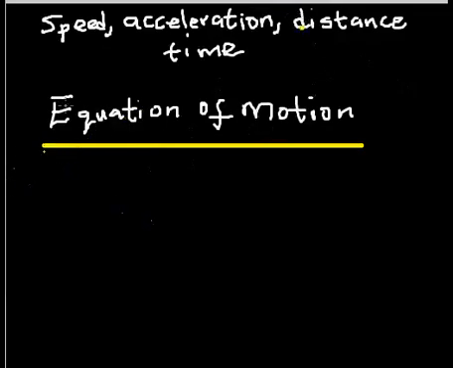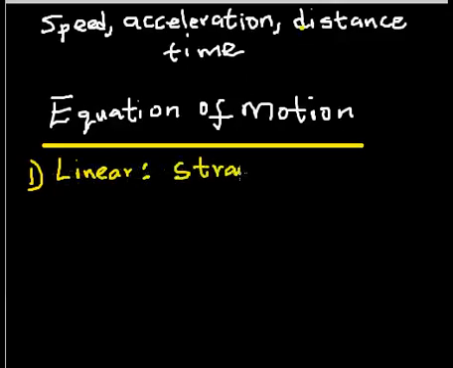When considering the equation of motion, we look at whether the motion is a linear motion, that is, a motion in a straight line. Then we can ask ourselves, is it a motion under gravity?